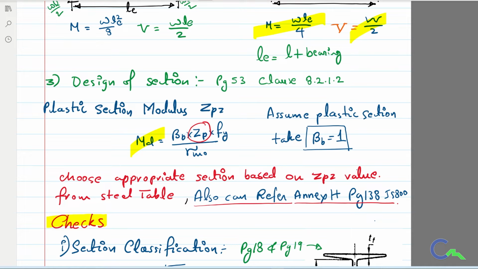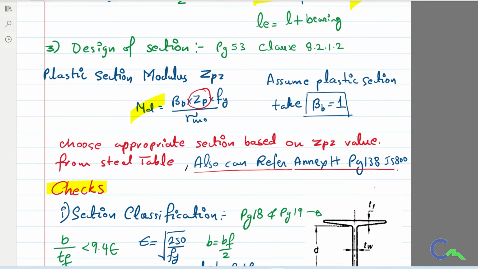For example, if I got 100 millimeter cube, I have to choose somewhere around 105 or 110 millimeter cube. Either we can refer to the steel table or we can refer to Annexure H, page number 138 of IS 800. Both can be referred to choose the section.